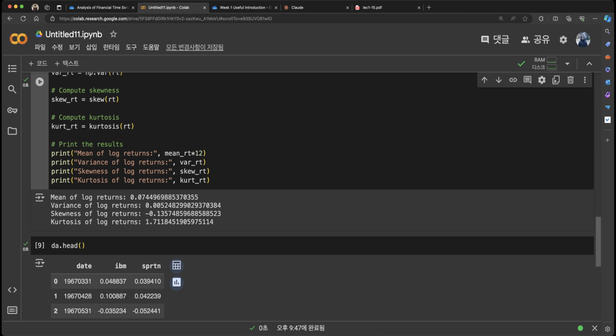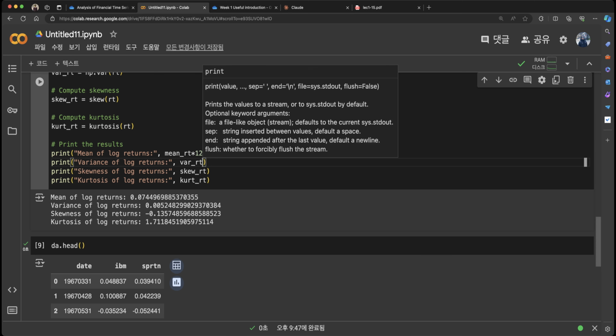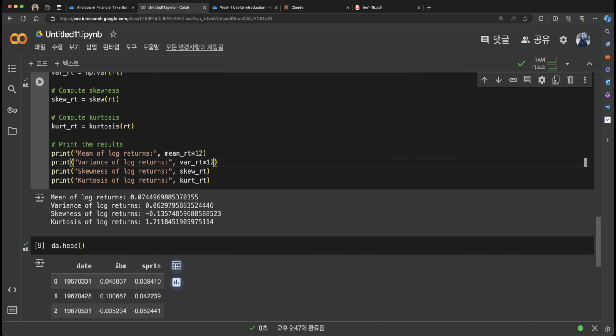So I have an annual return over 7%. For the variance, we can also multiply by 12. If we annualize it, because it's monthly data, the variance is, of course, 6%. And the skewness, those things we leave as they are.